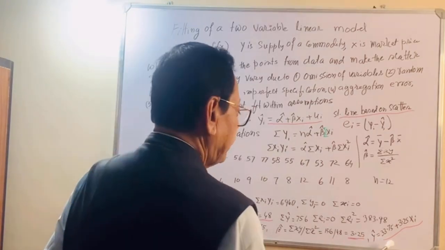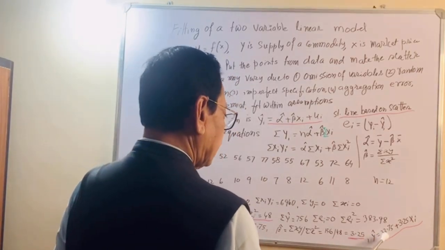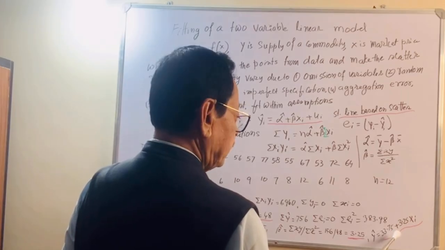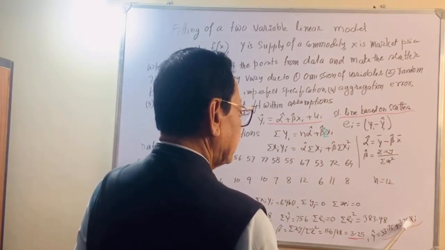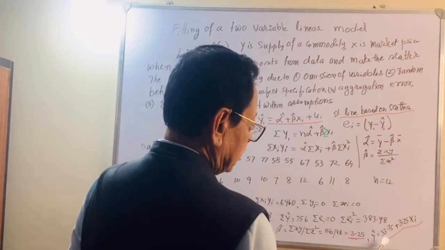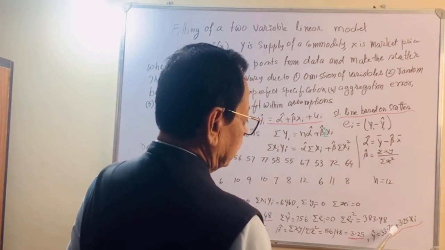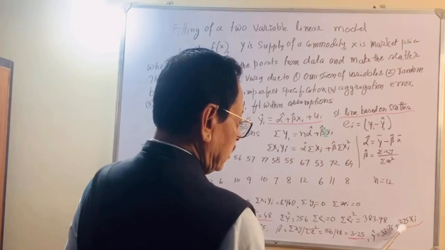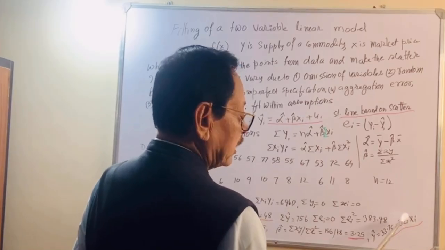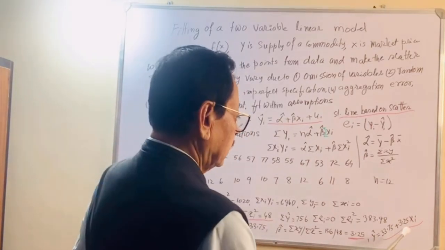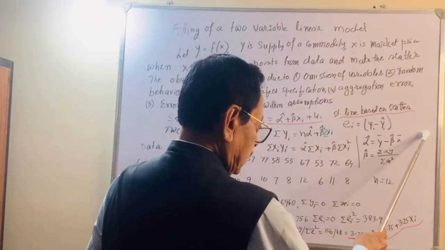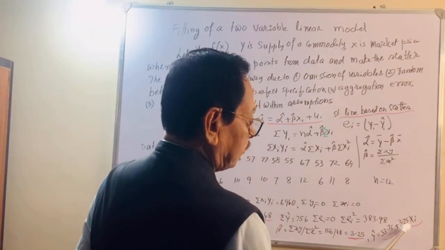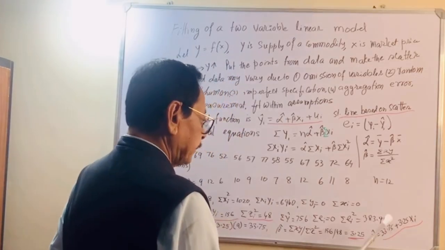So the estimated line is just alpha 33.75 plus 3.25 xi. This is the beta values. So it is a straight line, it is positive. It is a straight line which is rising upward.